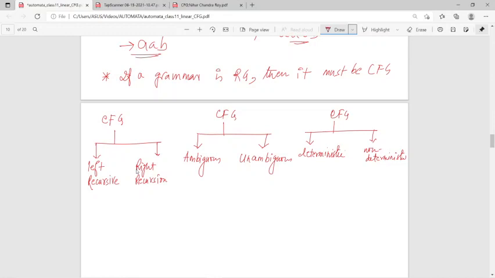That means you cannot find any language which is accepted by non-deterministic finite automata that cannot be accepted by deterministic finite automata. If a language is accepted by deterministic finite automata, the same language is also accepted by non-deterministic finite automata.